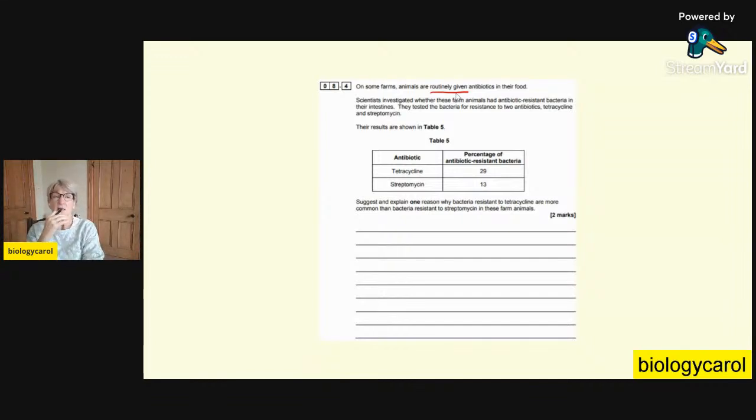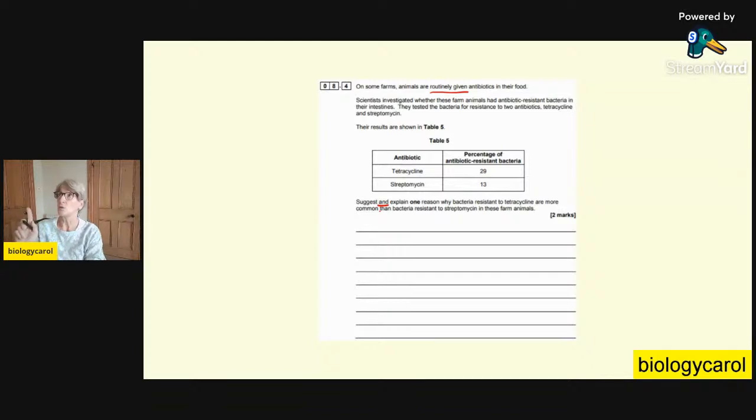So 29% are tetracycline resistant, 13% are streptomycin resistant. Suggest and explain one reason. Notice, suggest and explain, so give the reason and then explain it. Why bacteria resistant to tetracycline are more common than bacteria resistant to streptomycin in these farm animals.